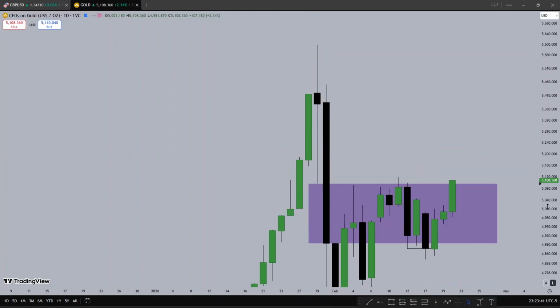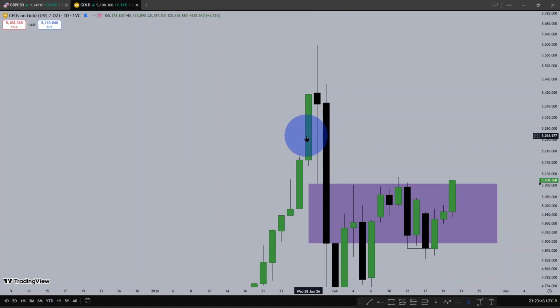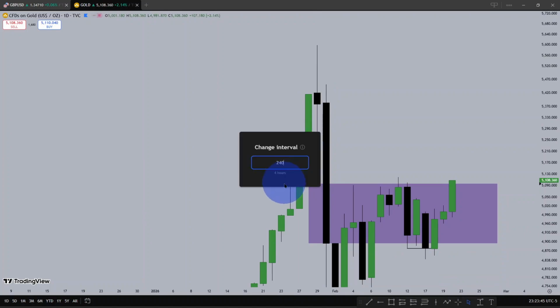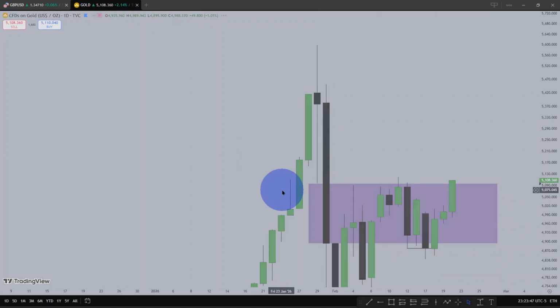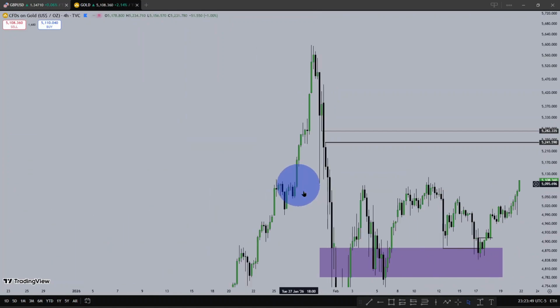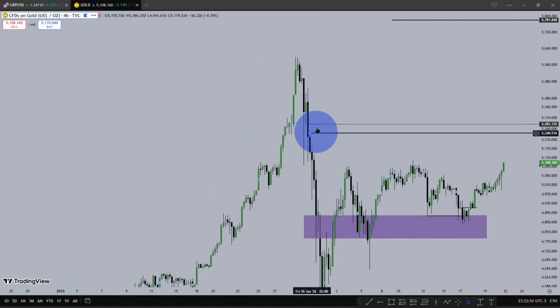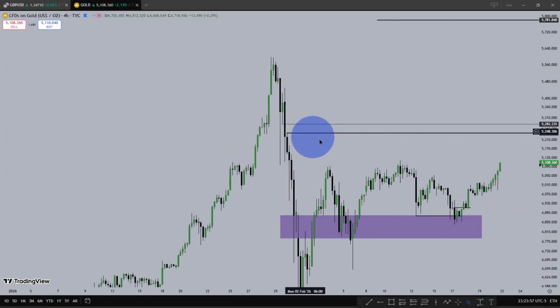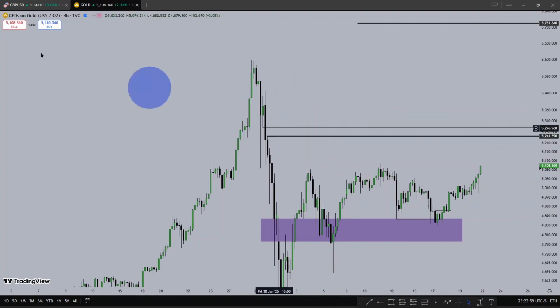We have this long week here, and primarily on the 4-hour time frame, we're simply trying to capture the return into fair value. I want to see how gold trades into this level.